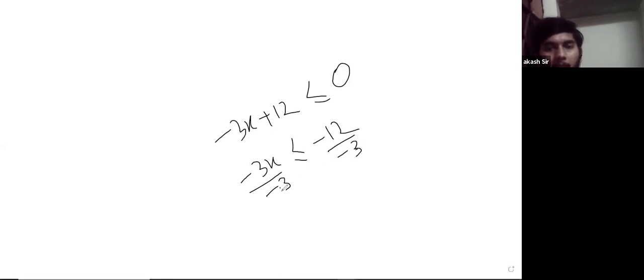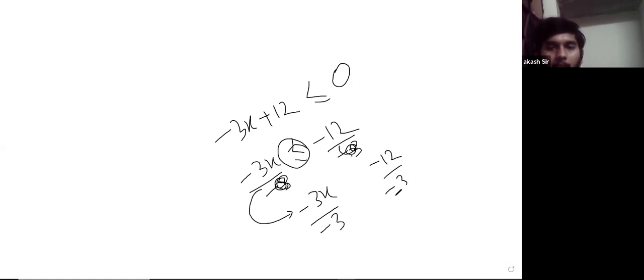But as soon as you divide by minus 3, you have to change the sign, right? So the next step would be minus 3x divided by minus 3, minus 12 divided by minus 3. Here we had less than or equal to, so we have to change this to greater than or equal to. Understood? Yes, sir. Okay, so we have x is greater than or equal to how much? 4. Yeah. Okay.